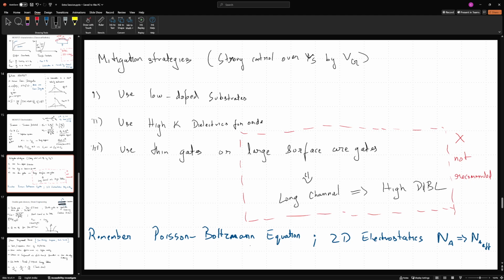But please go back and revise the Poisson-Boltzmann equation. As a result of it, you will have some effects in the 2D electrostatics, where we will consider the doping concentration becoming an effective doping concentration and similar such results. So please go back and revise them from the lecture slides.